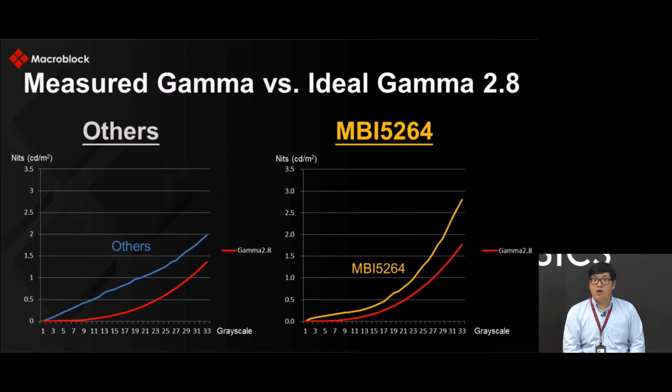And we will have a real gamma curve measurement of this MBI5264, which is designed in 1.25 millimeter pitch, 16-bit color depth, and 4K visual refresh rate, to ensure the MBI5264 is the 16-channel LED driver solution with the best video quality in the market.